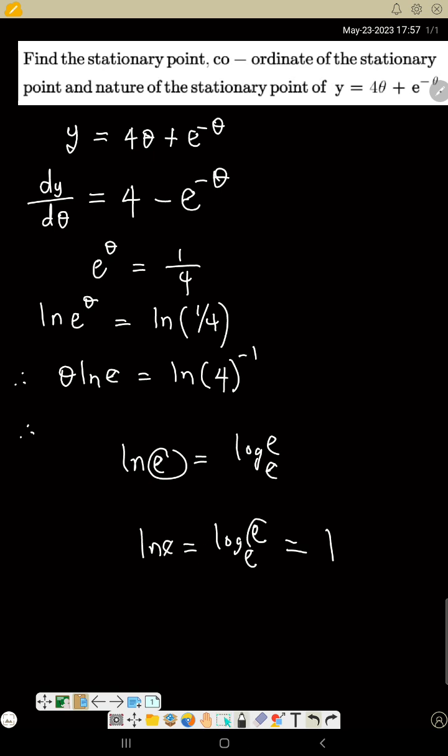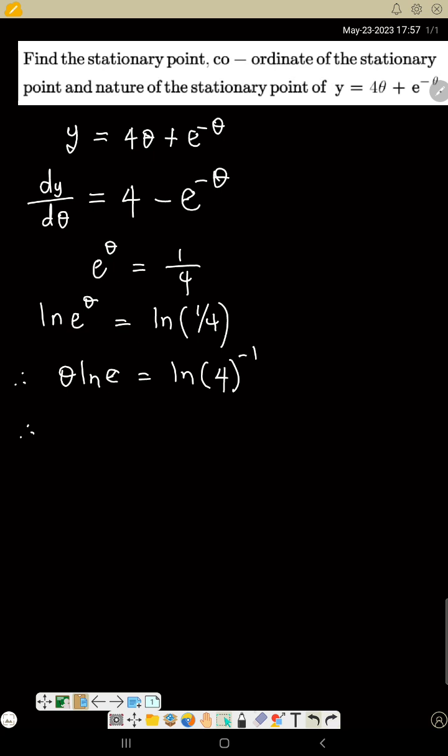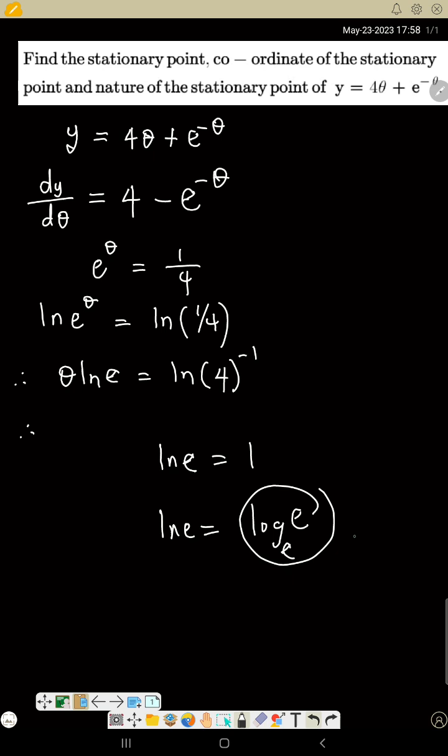If you see ln e, the answer is 1. Remember again, ln is log to base e, but because that ln carries e, you have to add the e here. And log of the same base is 1. So ln e is 1. Take note.